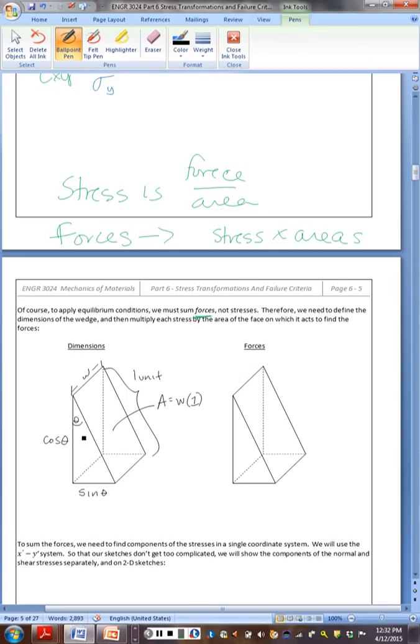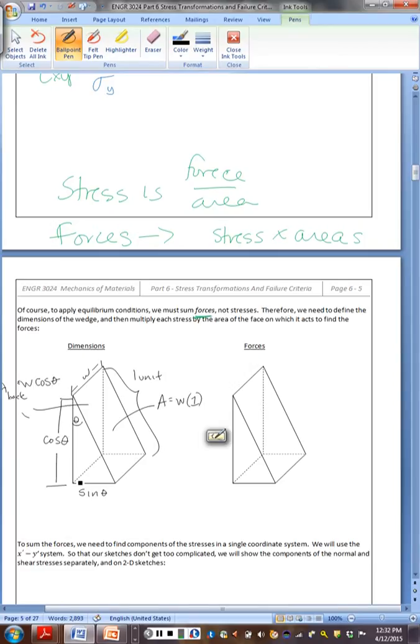So the area of the back face is the width times cosine theta.